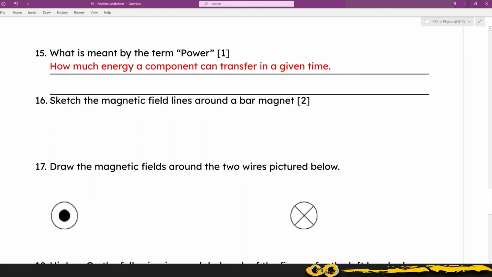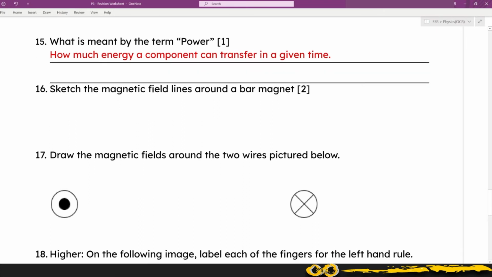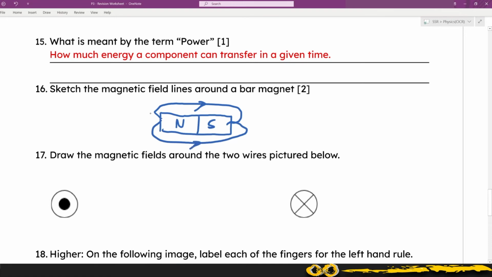If you were to sketch the magnetic field lines around a bar magnet, make sure that you label your north and south sides, and that you draw your field lines with arrows pointing from north to south. You will also need to make sure that as you get further away from the edges, your field lines are further apart.